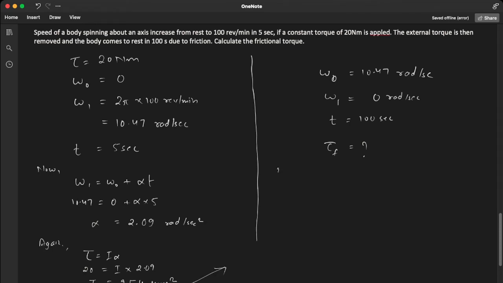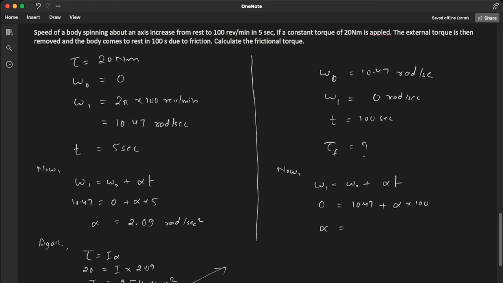Again, for the second part, we need to calculate the retarding acceleration. So omega 1 is equal to omega naught plus alpha t. This is 0 is equal to 10.47 plus alpha into 100.